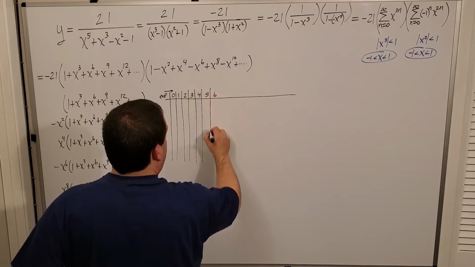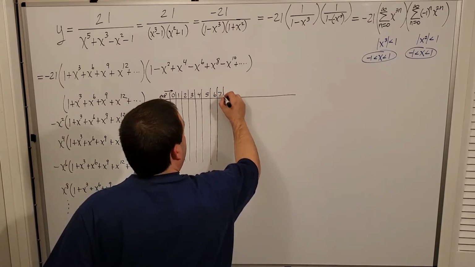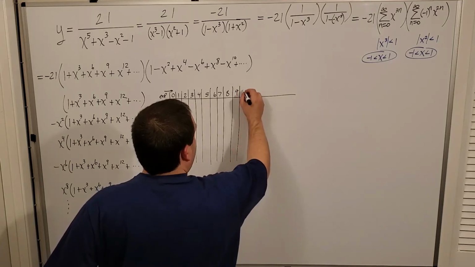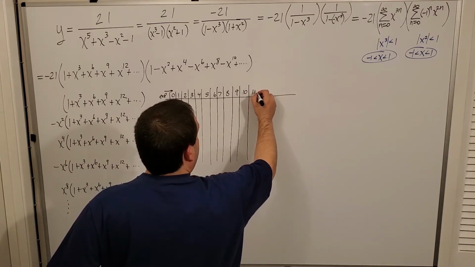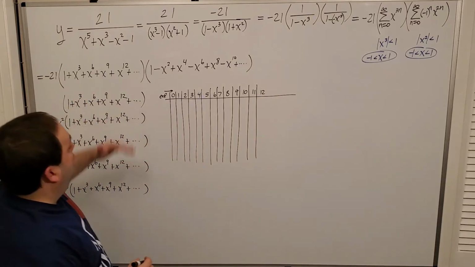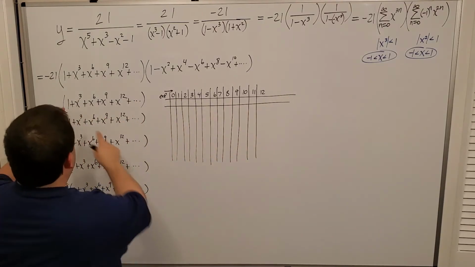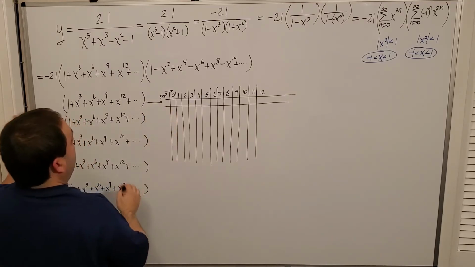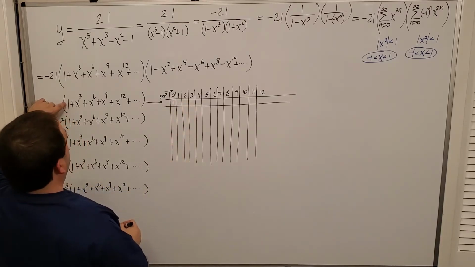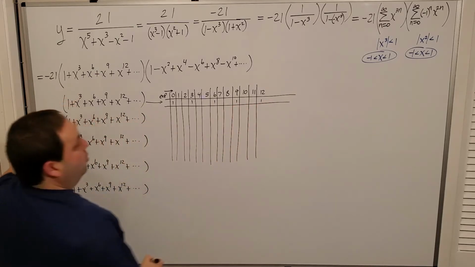Basically, this is just a good way to keep me organized. 7, 8, 9, 10. Let's go out to at least 12. So, on each of these lines, I'm going to put a multiplication. This first line right here will be this multiplication. So I have 1 times x to the 0, I have an x to the 3, an x to the 6, an x to the 9, an x to the 12.